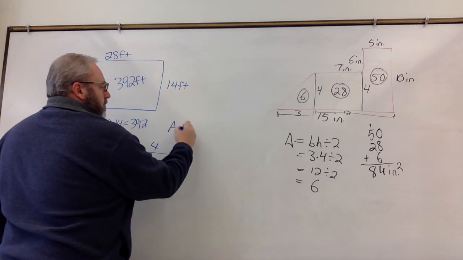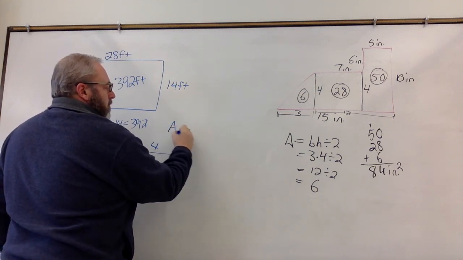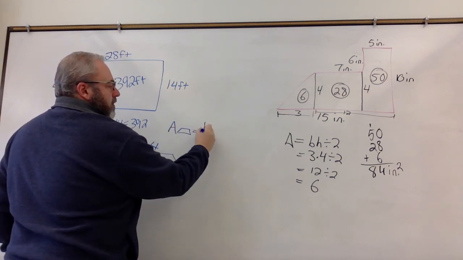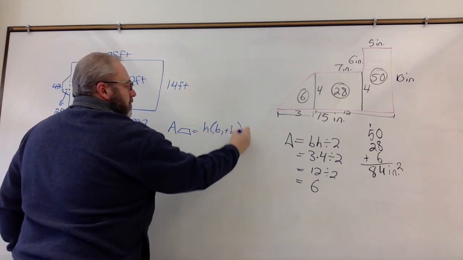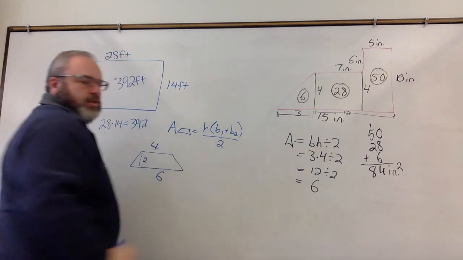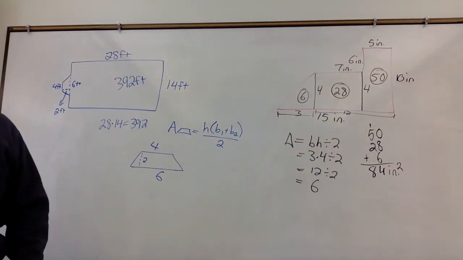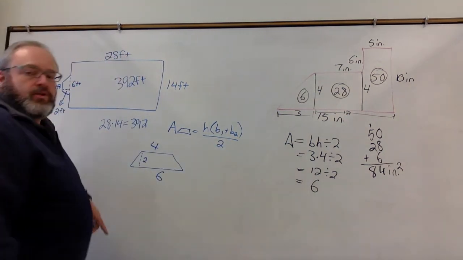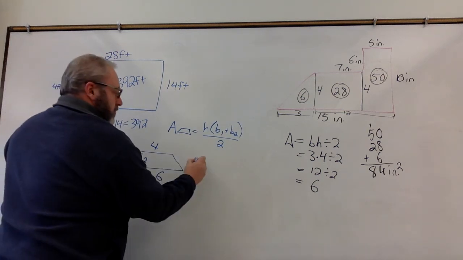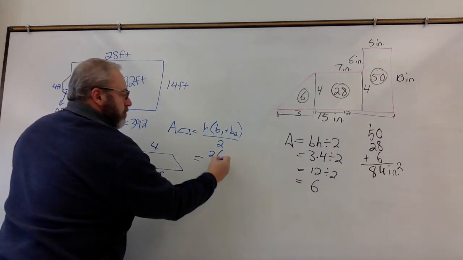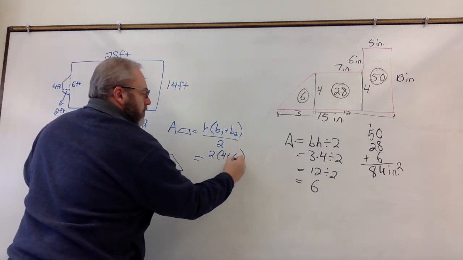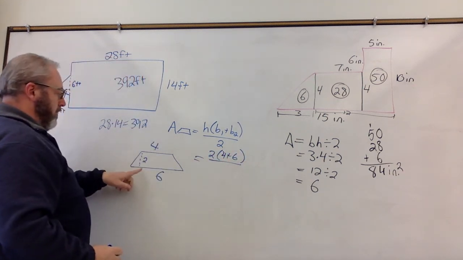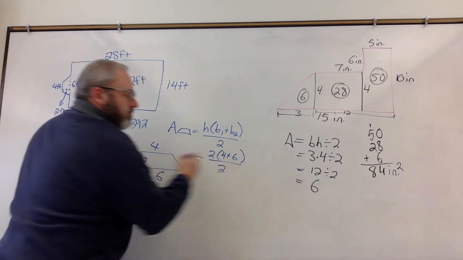The area of a trapezoid equals the height times base 1 plus base 2, divided by 2. All right, let's fill in the information. The height is 2. Got to add our two bases together. 4 plus 6. And divide by 2.